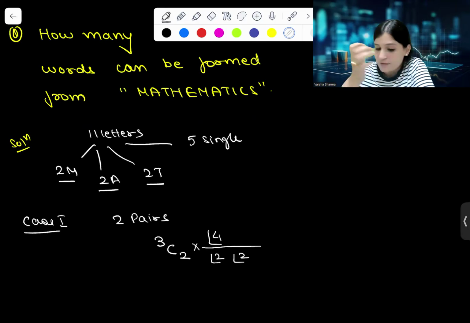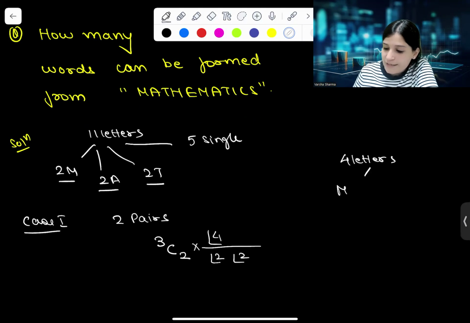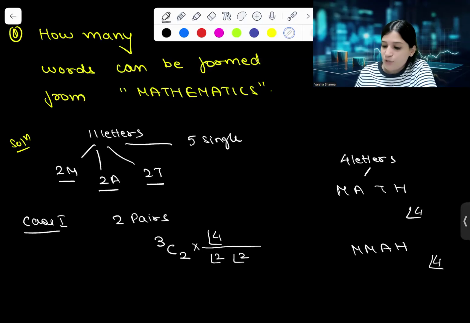No, ma'am. What we want is to form 4 letters, right? Suppose I tell you those 4 letters are MATH. So all different. How many ways are there to arrange them? Factorial 4. If I tell you the letters are double M, A, H, 4 letters, so 4 factorial. But to arrange them, there are 2 M's repeating, so I have to divide by factorial 2.